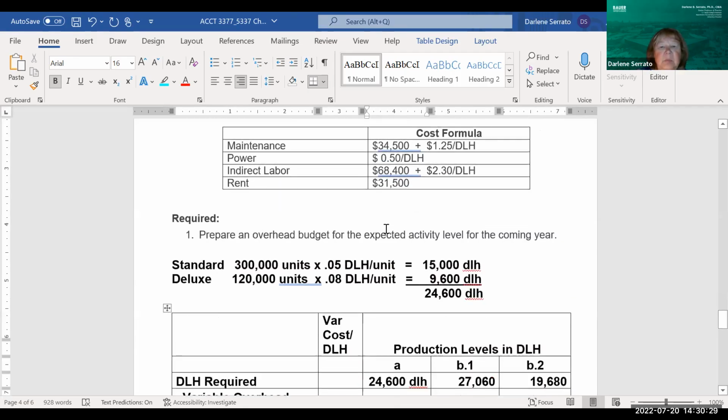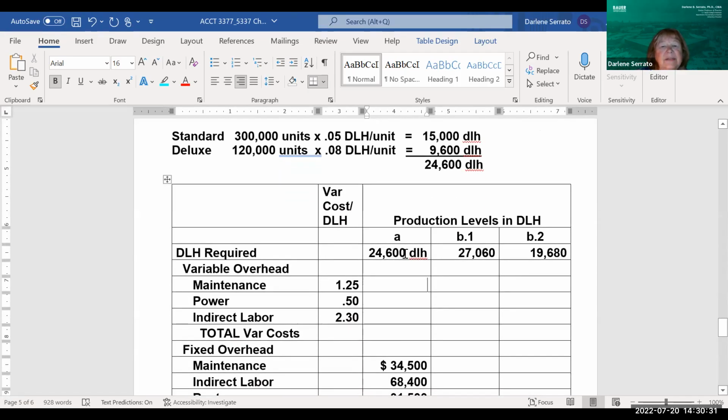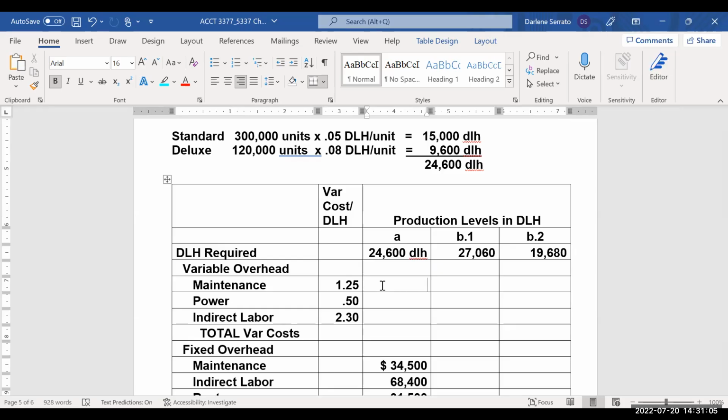I want to multiply 24,600 times $1.25 per hour. And that should give me how much? Somebody have a number for me? 30,750.